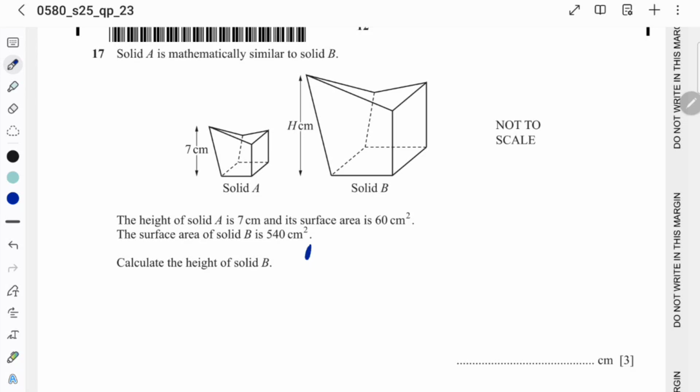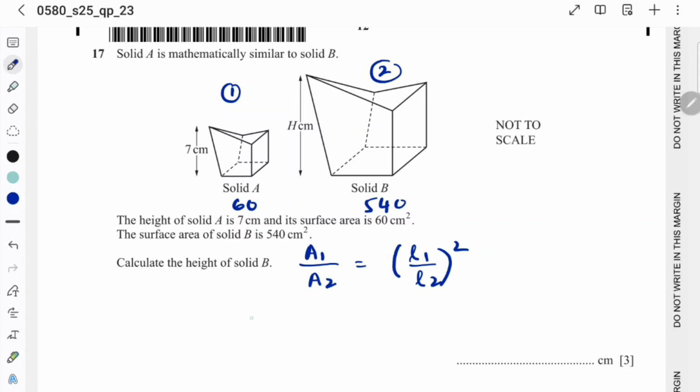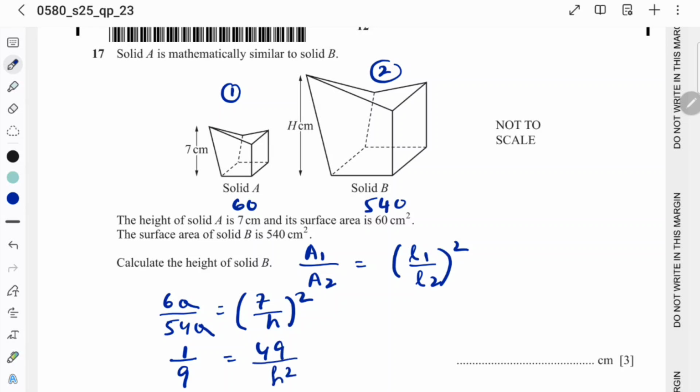So for the area we take A1 upon A2 is equal to L1 upon L2 whole square. This is 1 and this is 2, and the first is 60 and the second is 540 square centimeters. So 60 upon 540 is equal to 7 over height square. You can take 6 times table, 1 over 9, 49 upon h square.